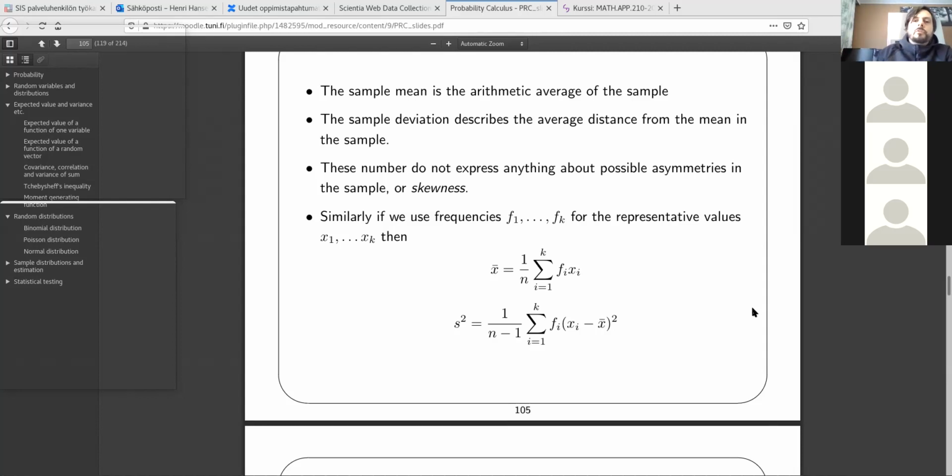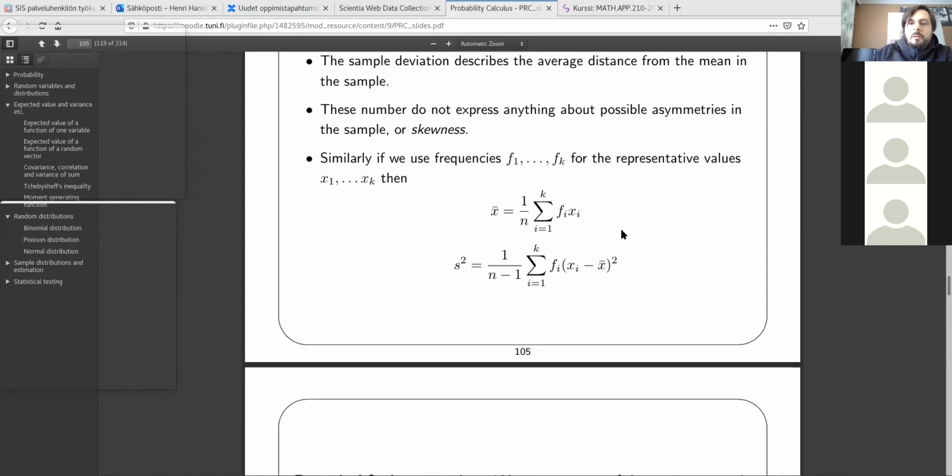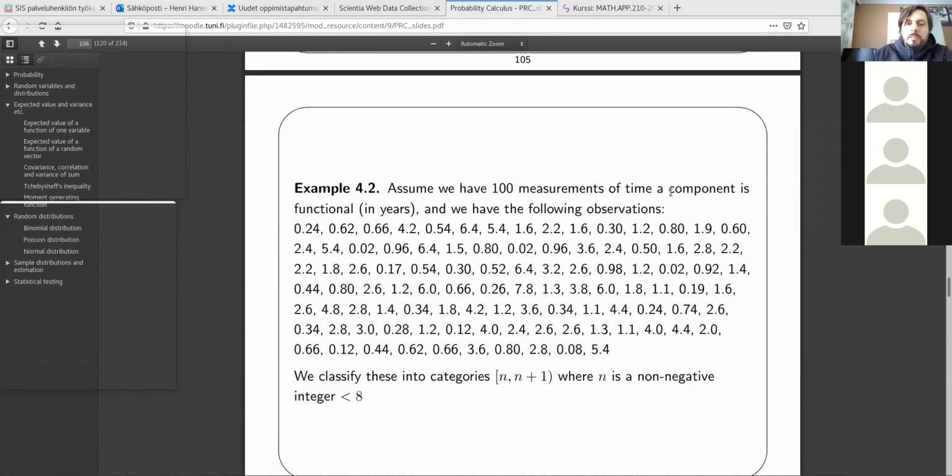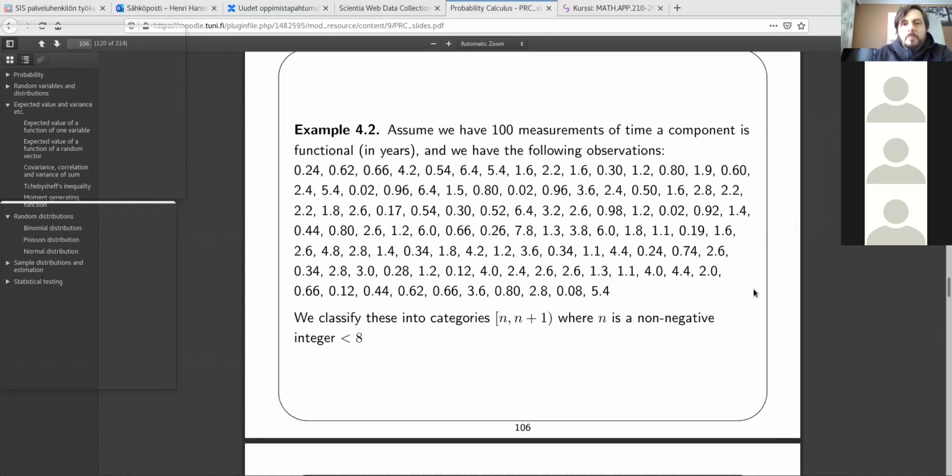We can use these frequencies associated with these xi. Let's take an example. Assume that we have 100 measurements, and there's a lot of numbers here, so of course we don't read them, but let's say that we get this sequence of numbers.